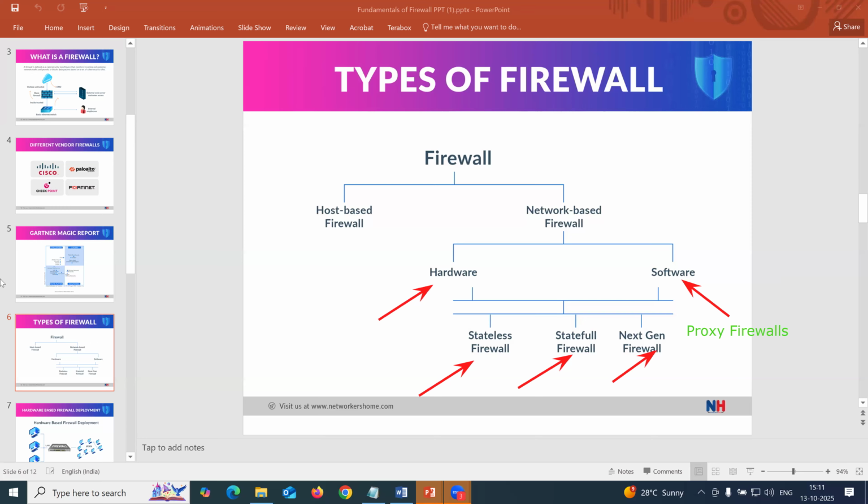Okay, I want to give you guys a task. In a class, I'll always keep giving some tasks. Whatever I'll be talking about in firewall tomorrow, I'll give you the task today. Please make a note: what is a stateless firewall, stateful firewall, next generation firewall, proxy firewall?